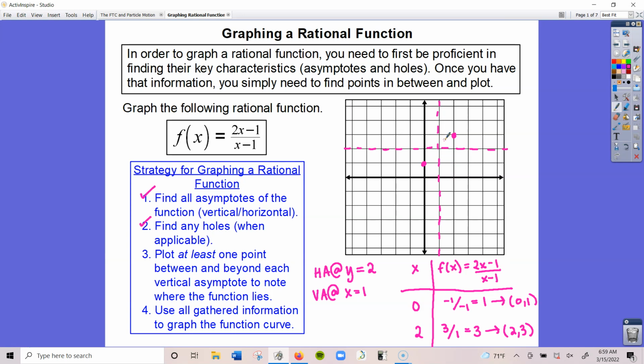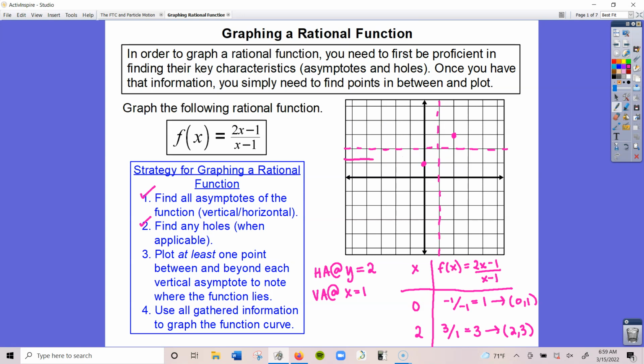We don't really need too many more points, simply because our graph is not going to be 100% exact, but it's going to show the general behavior of our rational function. So since these asymptotes are going to block our graph, that means that if this point is here, my graph is going to come down like that, never touching the horizontal and going above, and never crossing this vertical.